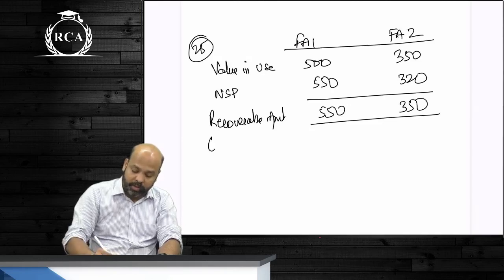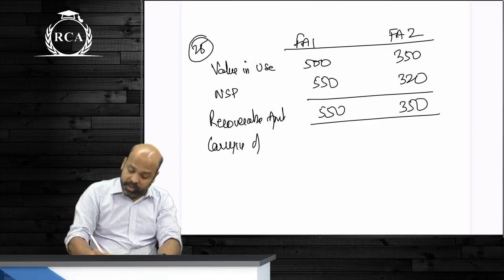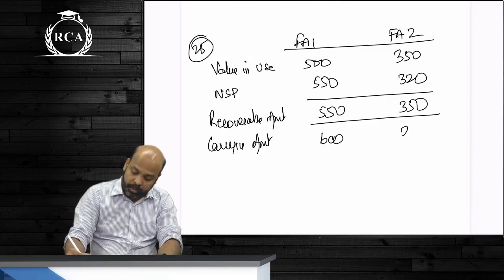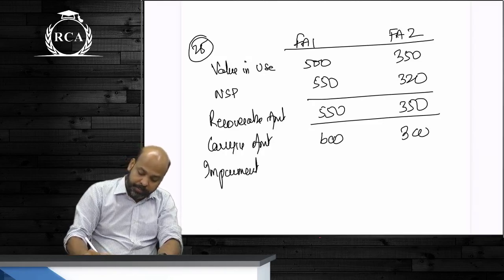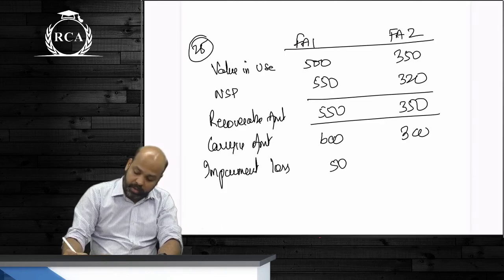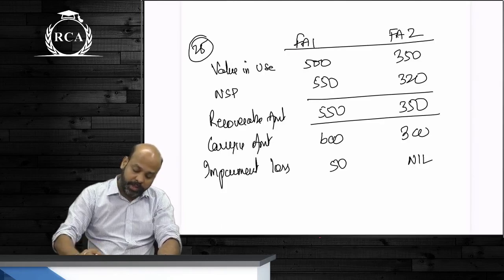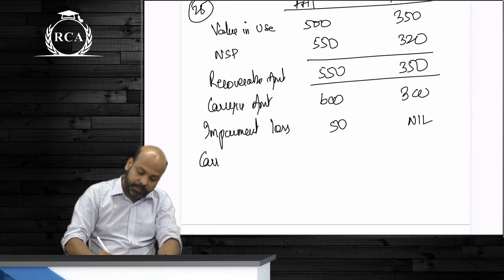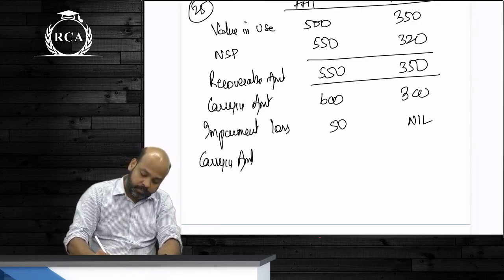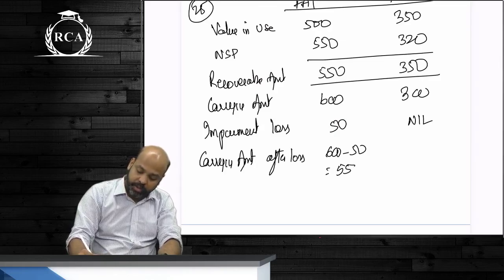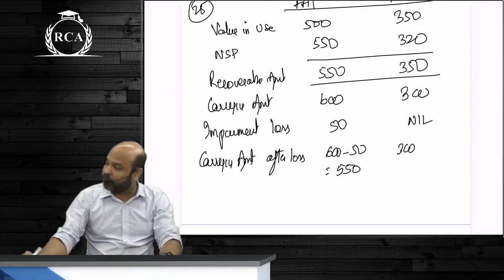What is the carrying amount of FA1? 600. FA2 300. Impairment loss of the first one will be 50. Here 0. What will be the carrying amount after impairment loss? तो यहाँ पे it will be 600 में से 50 we have reduced, so 550. Here 300 only because there's no impairment loss.